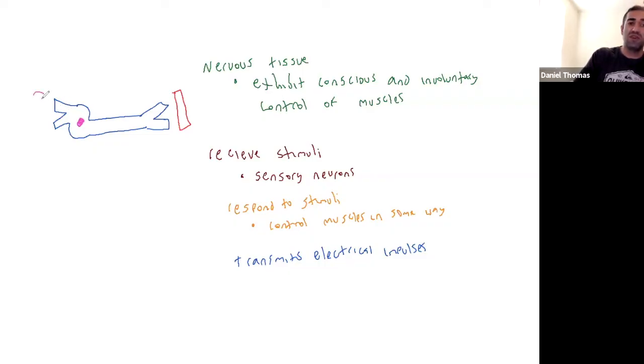This is called the dendrite. So stimuli received. And then we'll talk about this in a later chapter, but an electrical impulse is going to be generated. It's going to move down the neuron, and then it's going to trigger this muscle to move in some way.